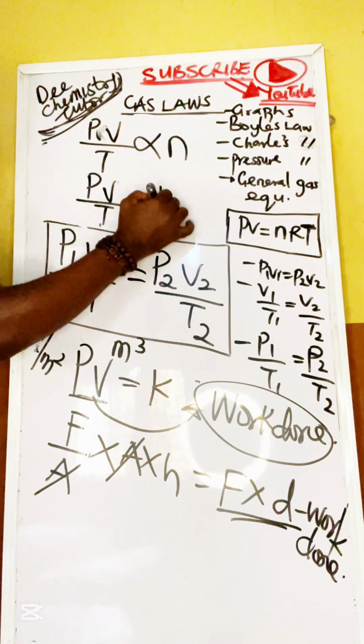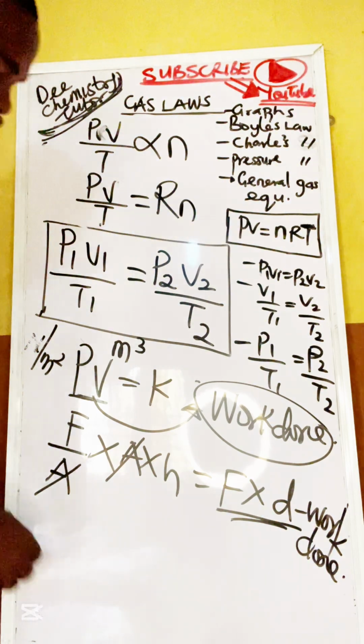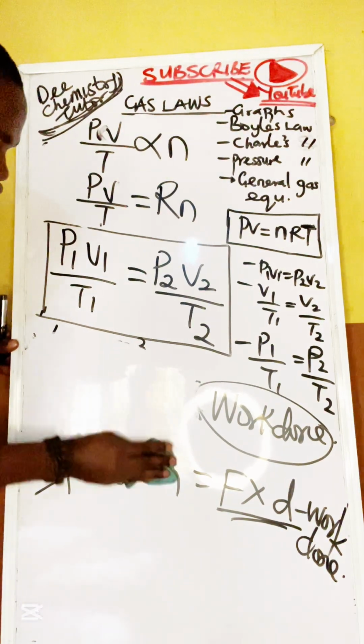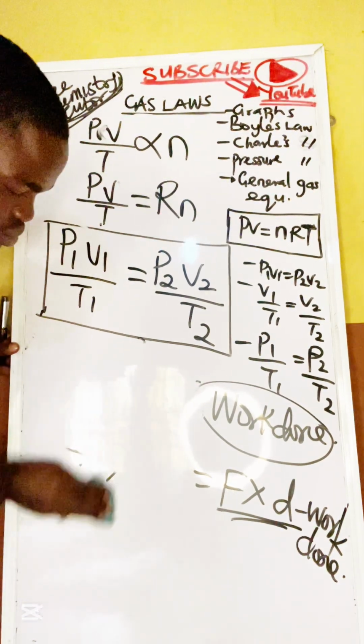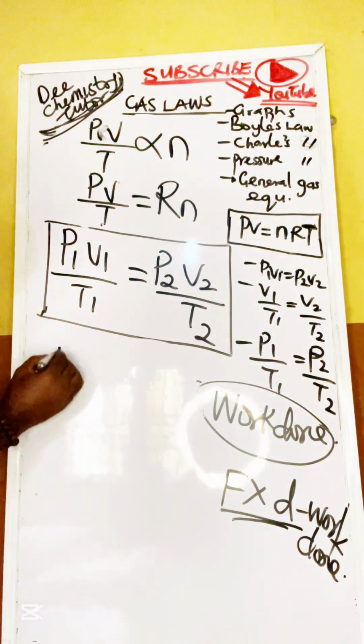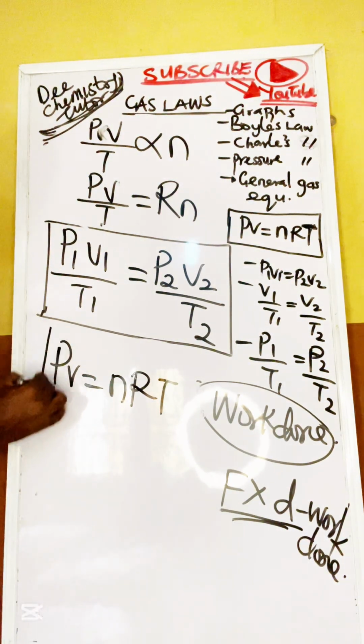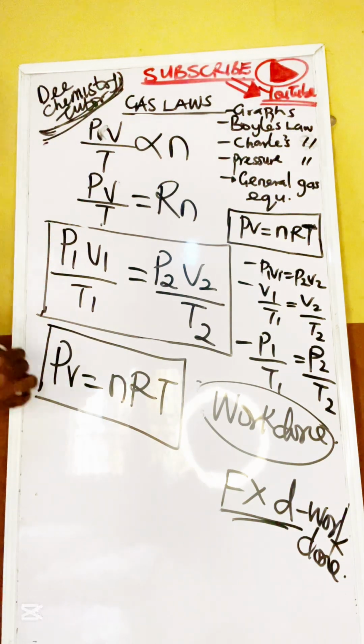That constant is what we call the gas constant. So that is where you see a formula that says PV equals nRT. So what do you need? These are the formulas you need.